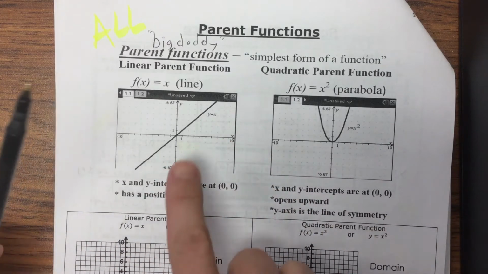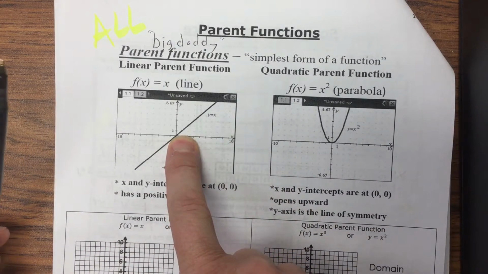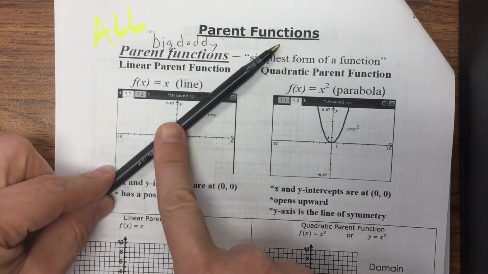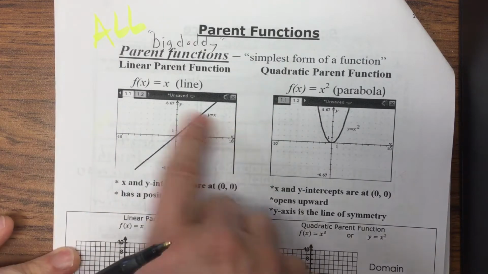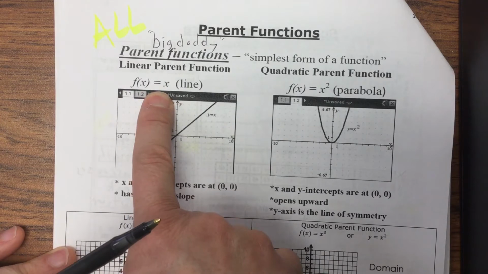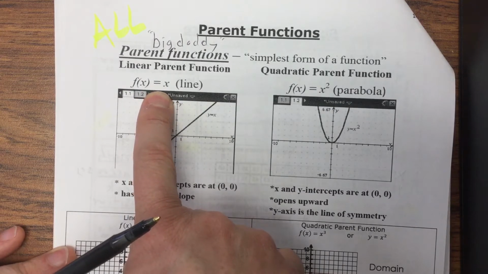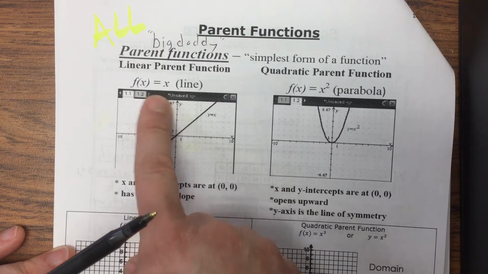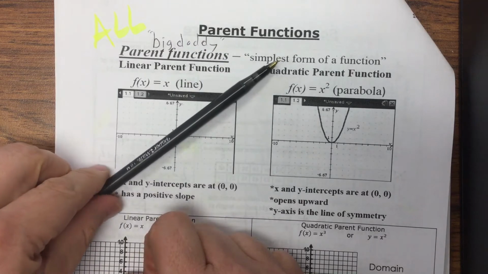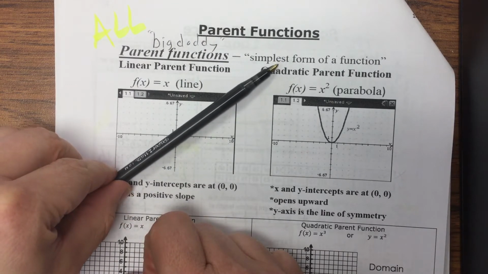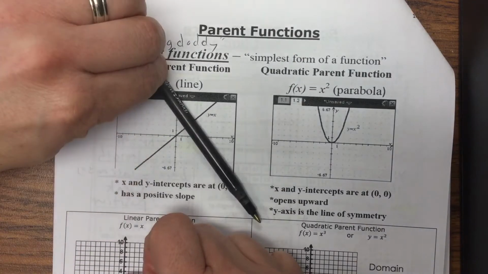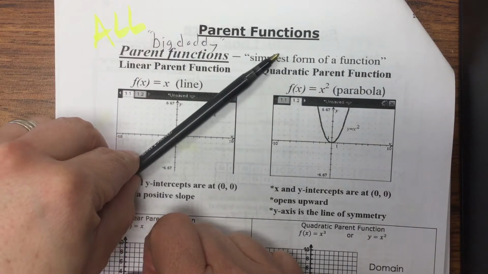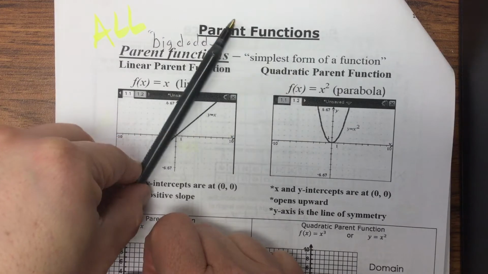For example, this is the parent function of a line. This is the most basic, simple line you can have. The equation is y equals x. That's about as basic as you can get. Okay? Now you can change and have children lines off that by shifting the line up and down, by making it negative instead of positive, or you could just make it less steep or more steep.